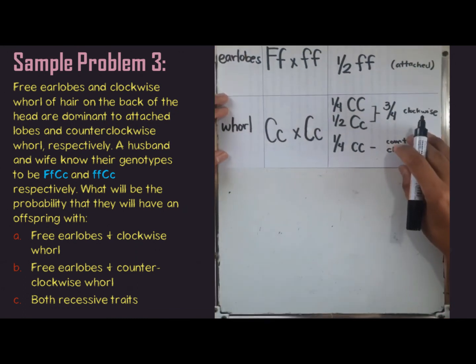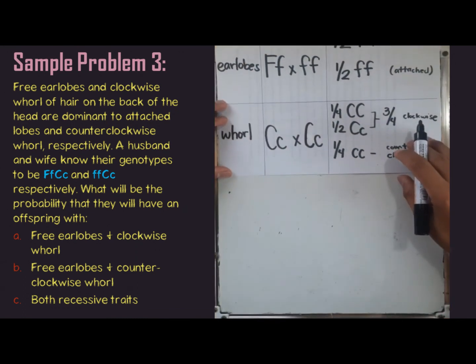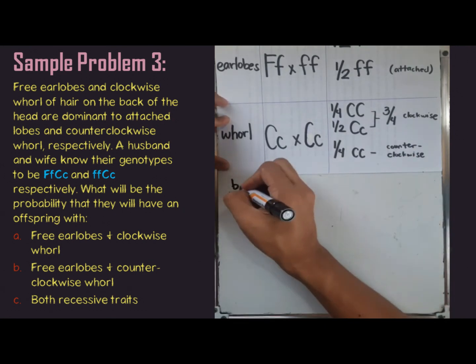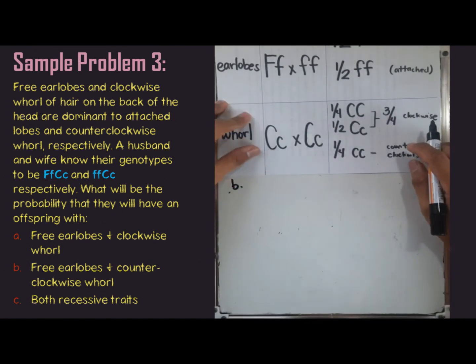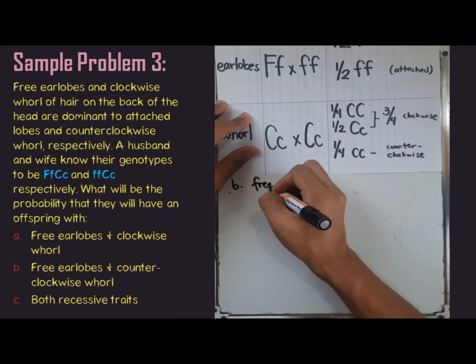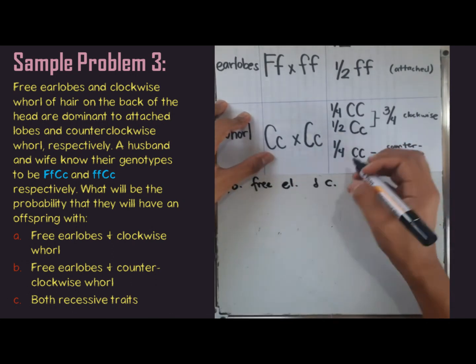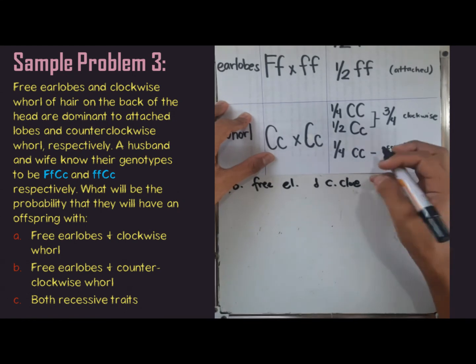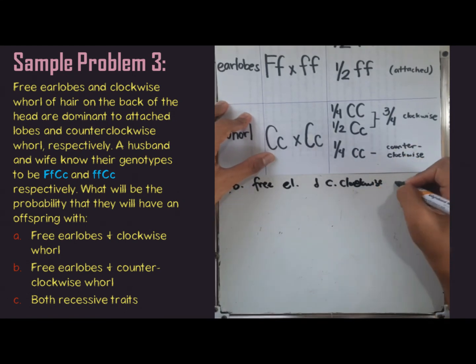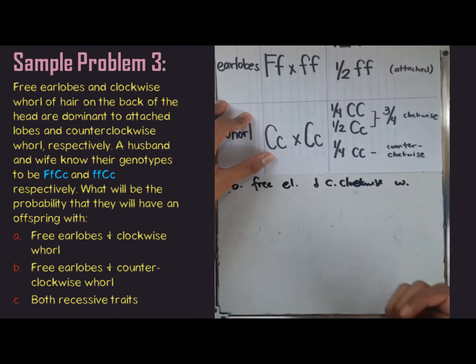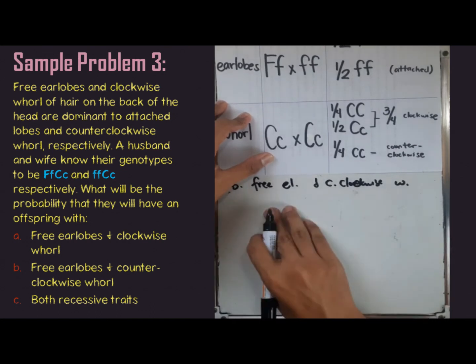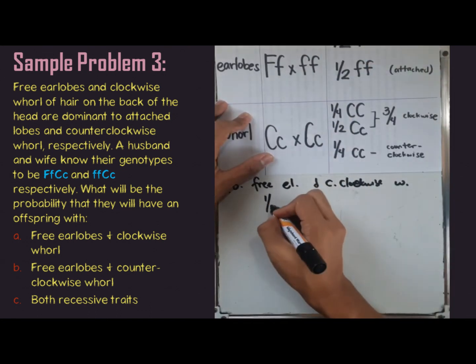Now, for letter B. For letter B, it states the presence of free earlobes and the presence of counterclockwise whirl. Okay? So we can determine the free earlobe that is equivalent to 1/2 probability.